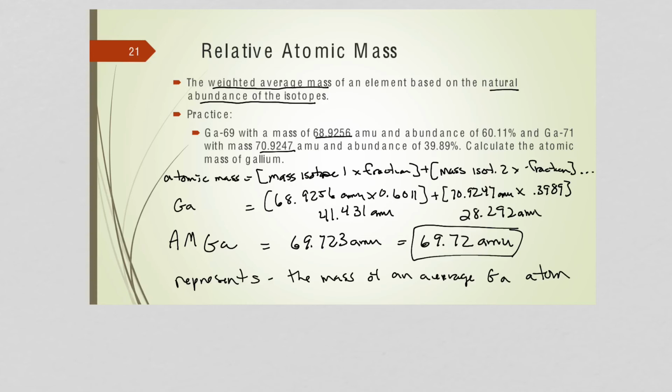Okay, so the concept of atomic mass. So now we have all sorts of ways that we're characterizing these atoms, right? We have their name and their symbol. We have their atomic number, the number of protons. We can use this to determine the number of electrons, along with the mass number, which represents the number of particles, the number of protons and neutrons in the nucleus.